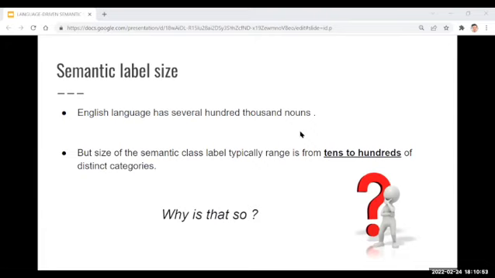If we have several hundred thousand nouns, we would expect a similar number of semantic class labels assigned to pixels. But that's not the case. Usually the range is only from 10 to hundreds. So why do we have so few semantic class labels assigned to pixels?